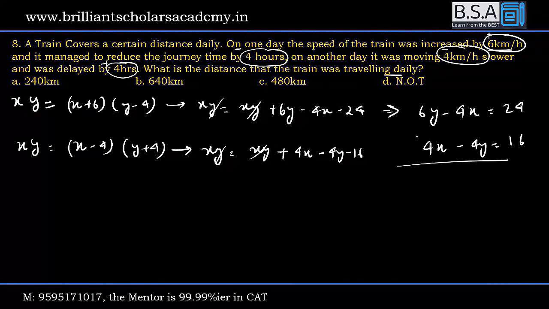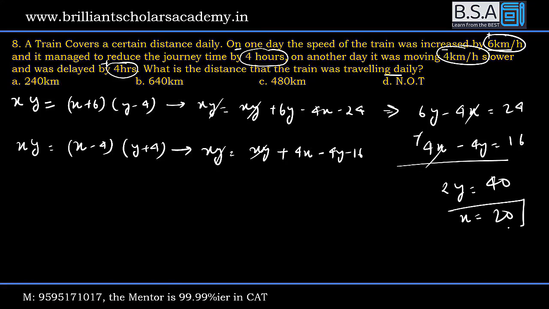You notice here, just by adding the two, I can have 2y is equal to 40, y is equal to 20.